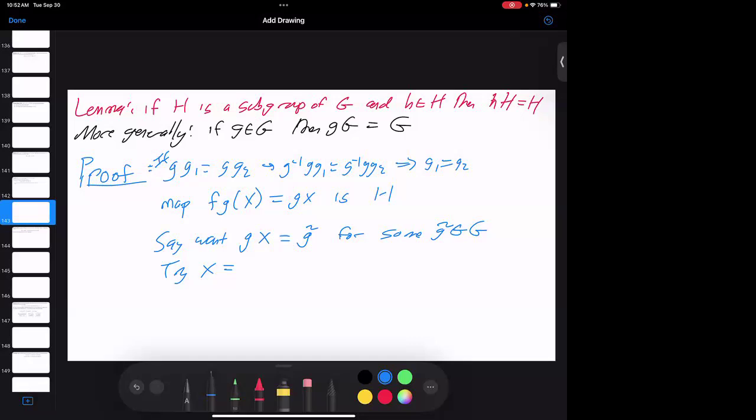We can't divide, so what do you have to say instead of divide? Times the inverse, on the left or on the right? Well, we've got gx equals g tilde. The left, exactly. So that would give us x equals g inverse g tilde, then gx would be g g inverse g tilde, which is g tilde.